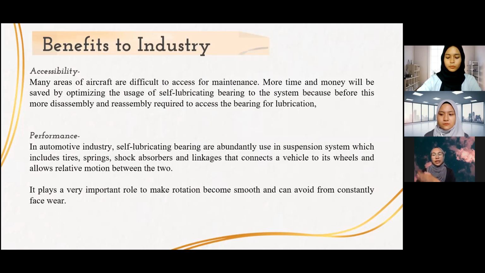In the automotive industry, self-lubricating bearings are abundantly used in suspension systems, which include tire, spring, shock absorber, and linkage that connect a vehicle to the wheel and allow relative motion between these two. So it plays a very important role in making rotation smooth and avoiding constant wear.